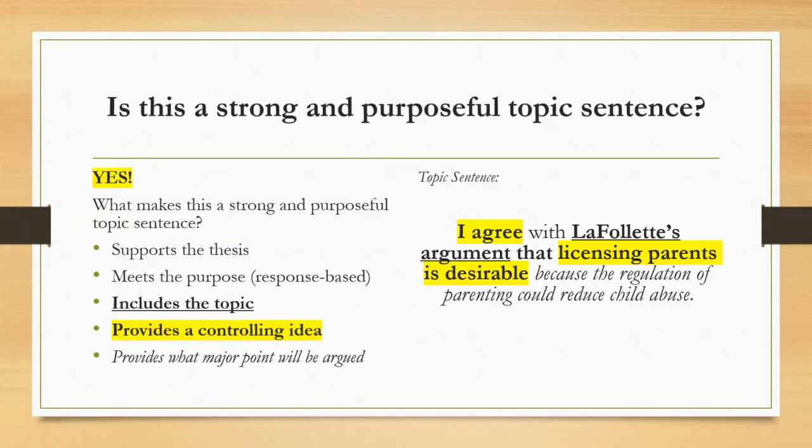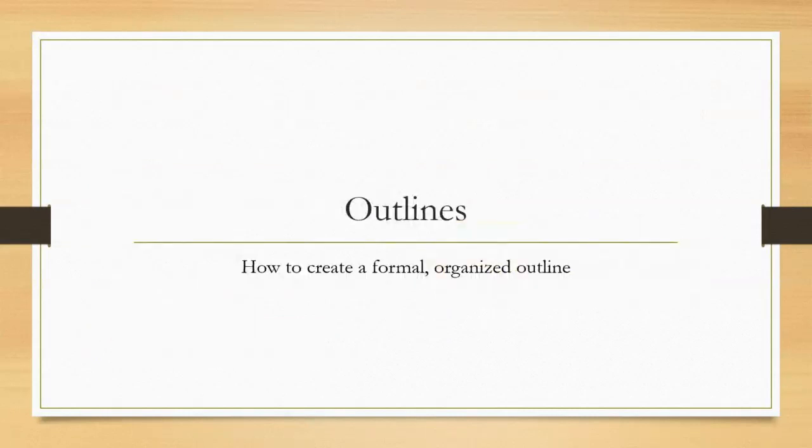So this is now where we are developing our own argument. So let's look at how we might do that within an outline form. How can we create a formal organized outline that provides the hierarchy or the plan for our own essay?